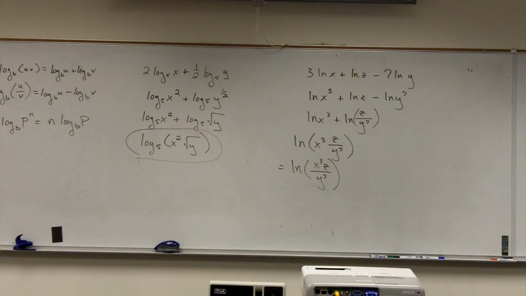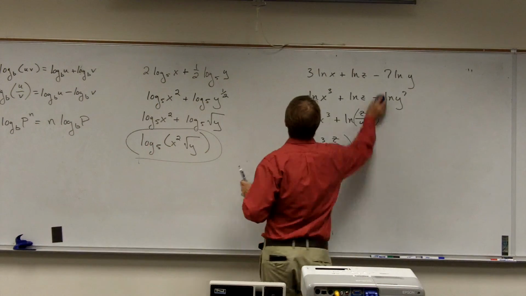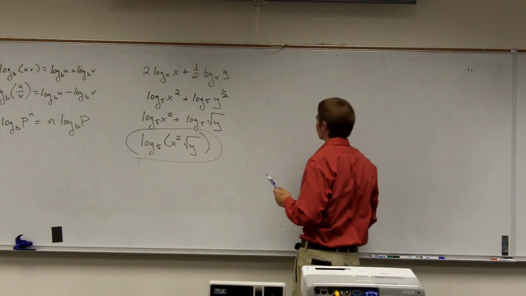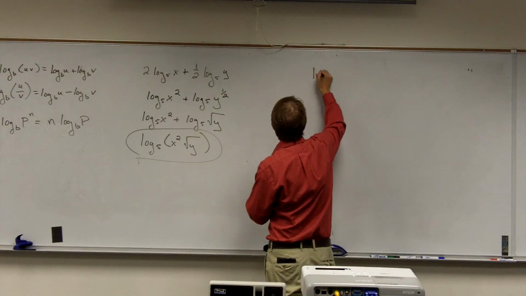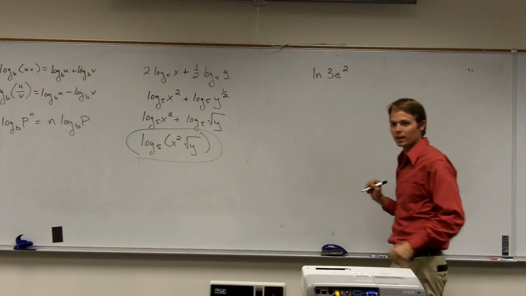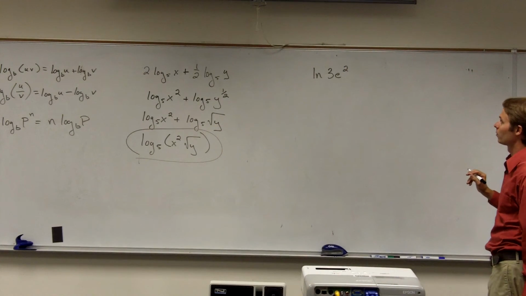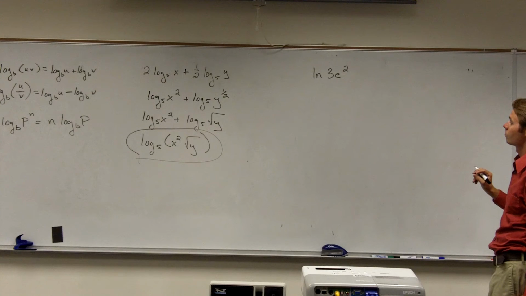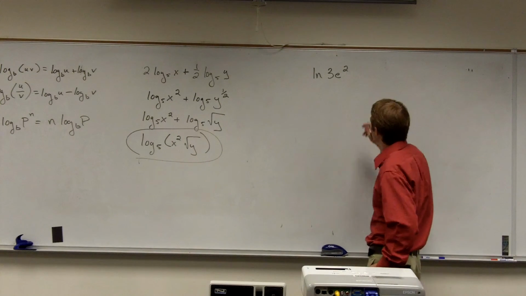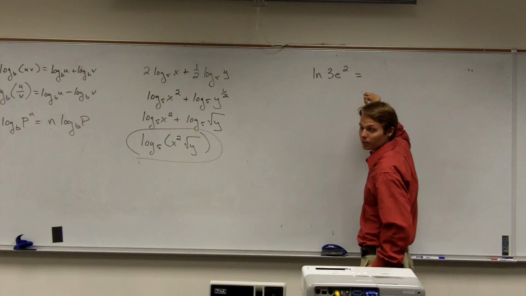How about one more quick one? Natural log of e to the 3 times e squared. I could actually split this up into addition, right?